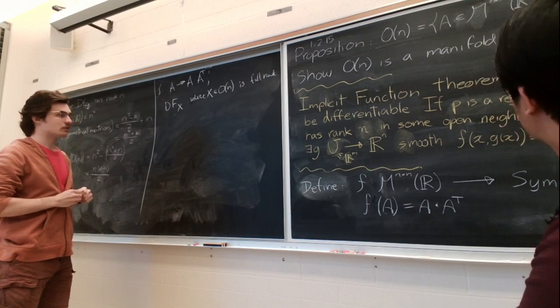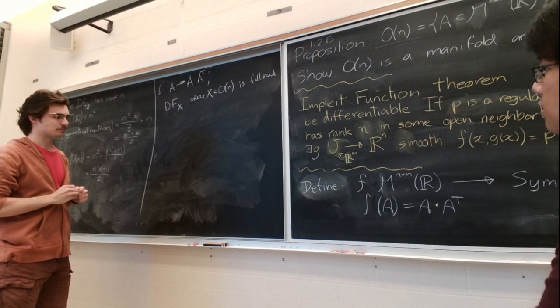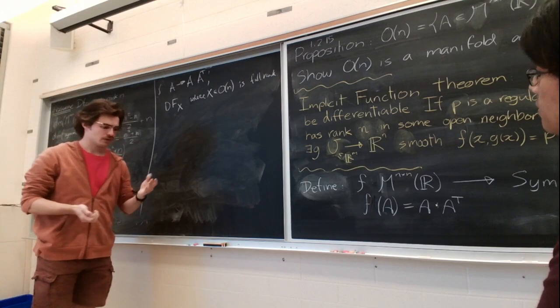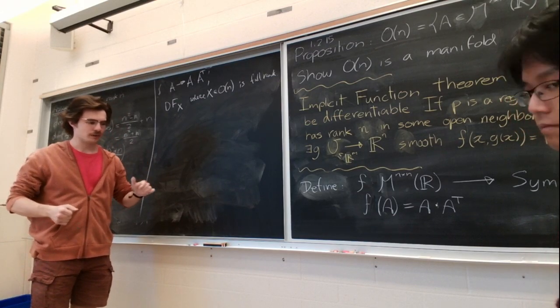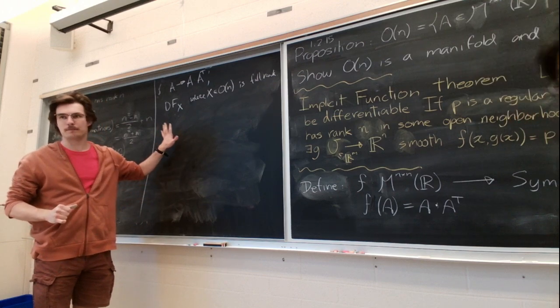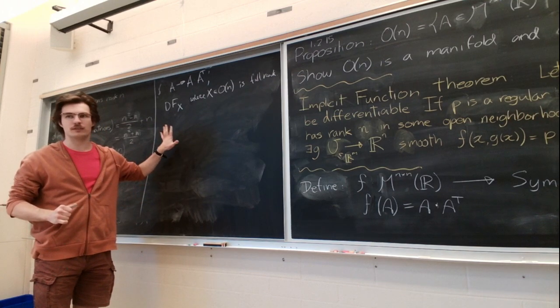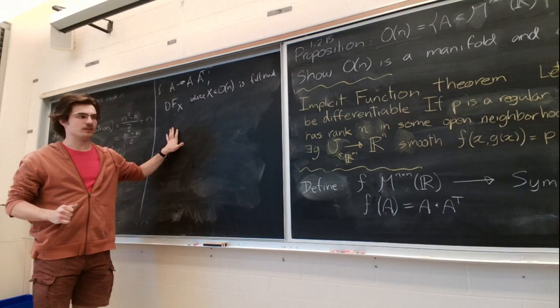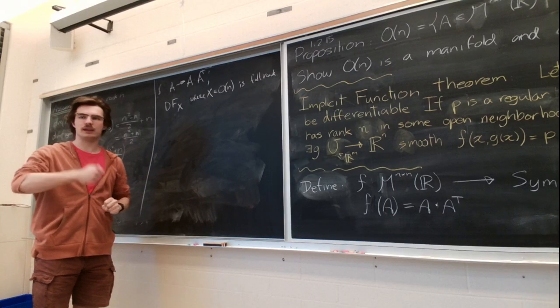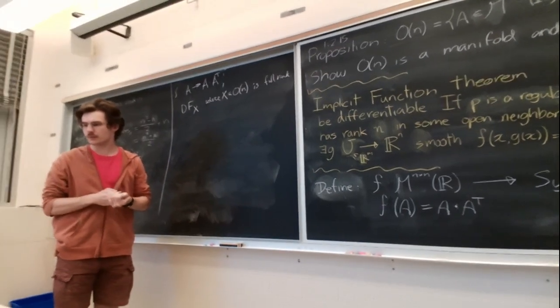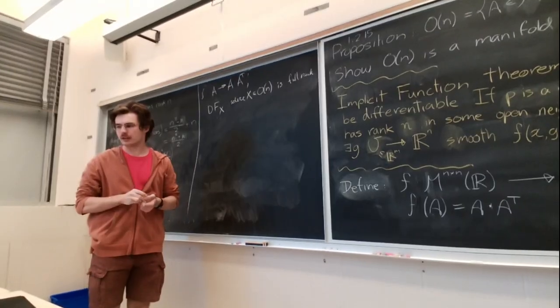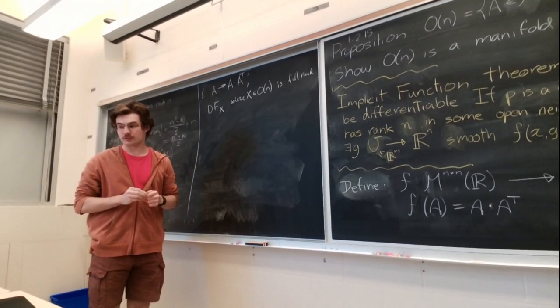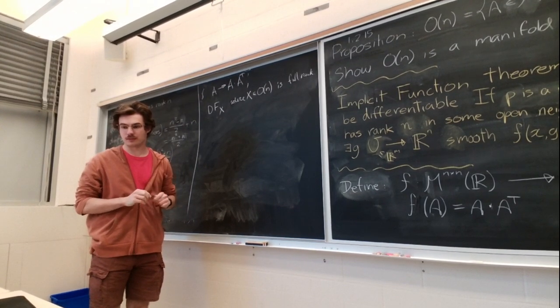So first of all, I want to show that the tangent space of the symmetric matrices at the identity is fully covered in some sense.